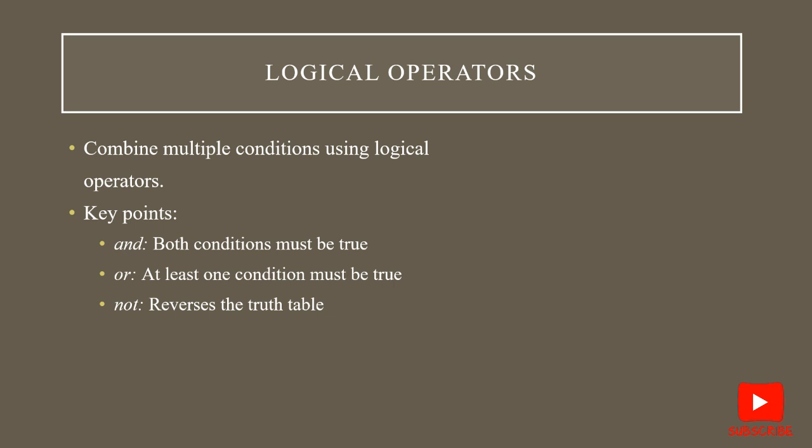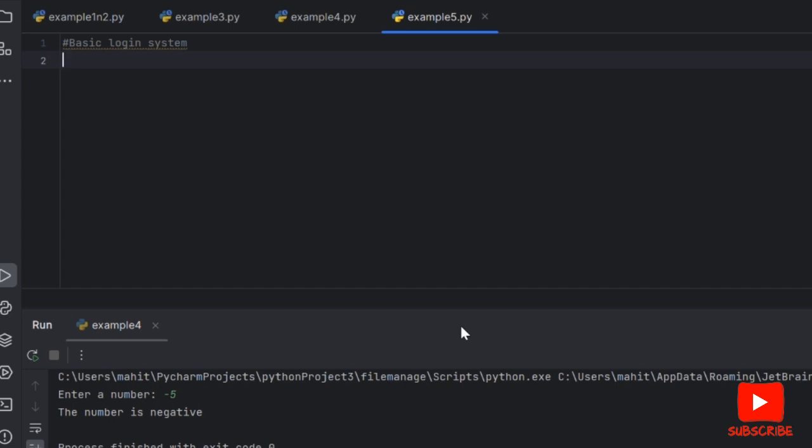And the not operator simply inverts the result of the condition, making true become false and vice versa. So here is an example of a login system where a user has to provide both a correct username and password. So now let's talk about combining conditions using logical operators.